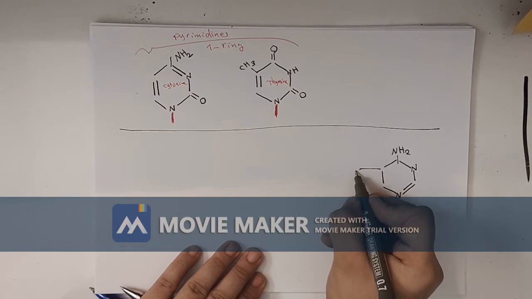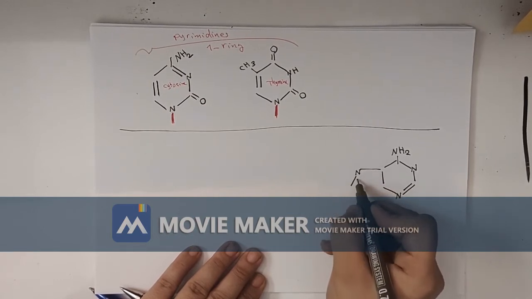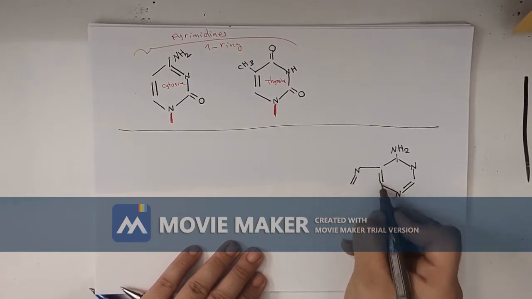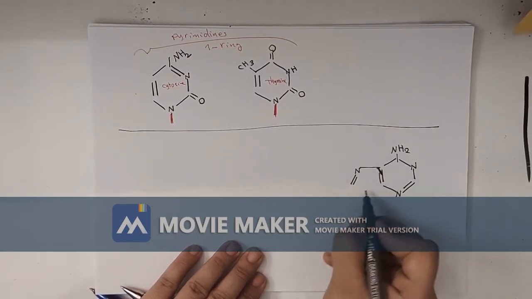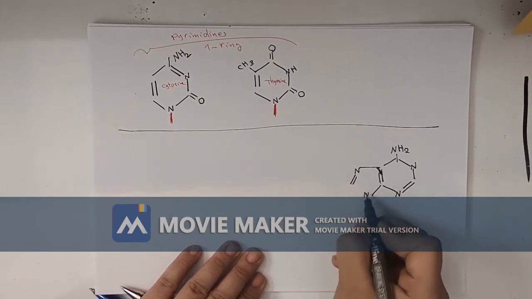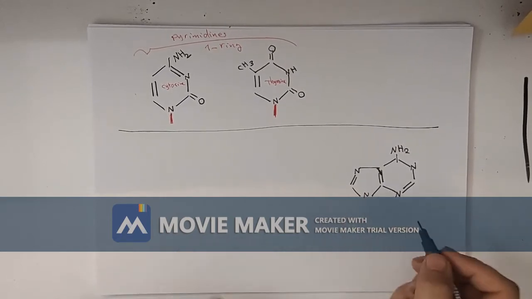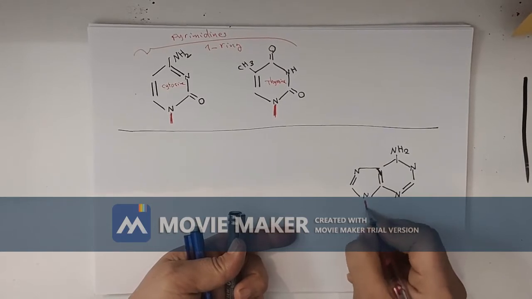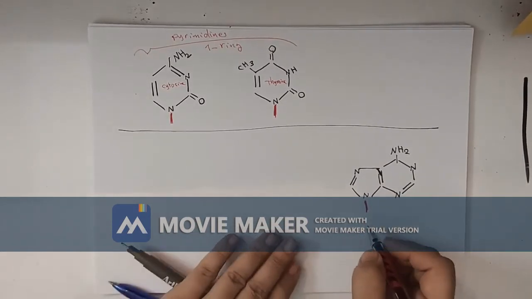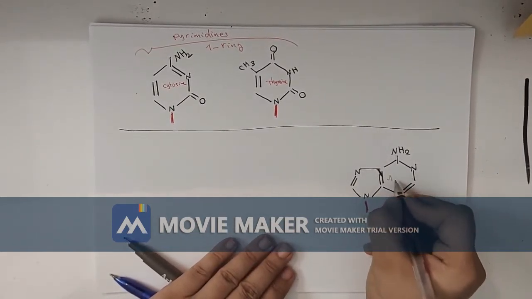So, there we go. This is nitrogen. This is double bond. A double bond also we have here. Okay. So, we have another one here, nitrogen. So, now, here it is connected to the phosphate sugar backbone, and it's called adenine.